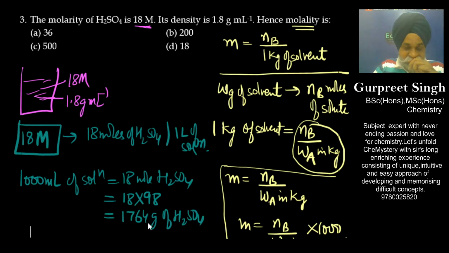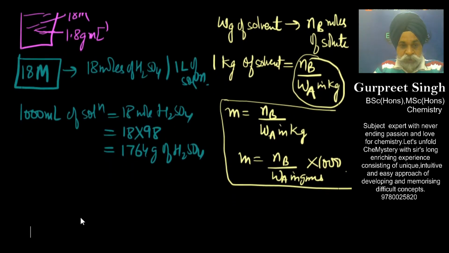That 1000 ml of this solution is containing this much amount of solute, and we also know that the density of solution is 1.8 gram per ml. What does it mean? 1 ml of this solution weighs 1.8 grams.